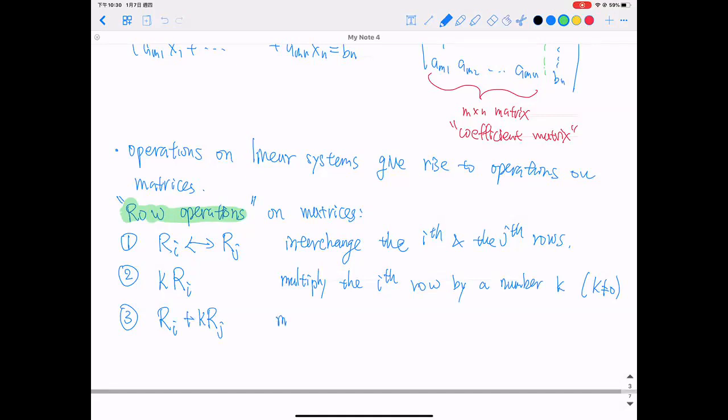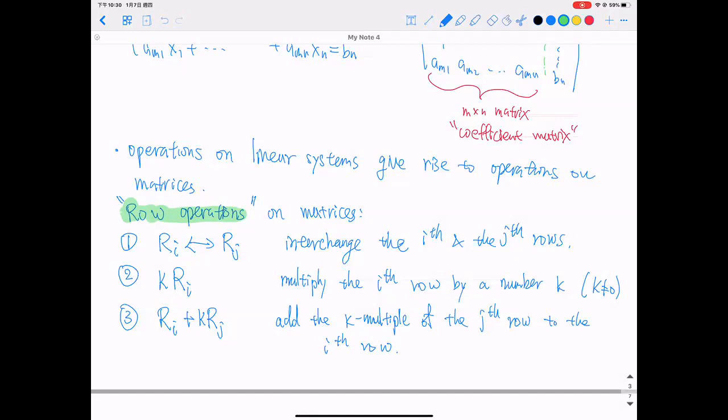So add the k multiple of the jth row to the ith row. Right. So these are the operations that we can use.